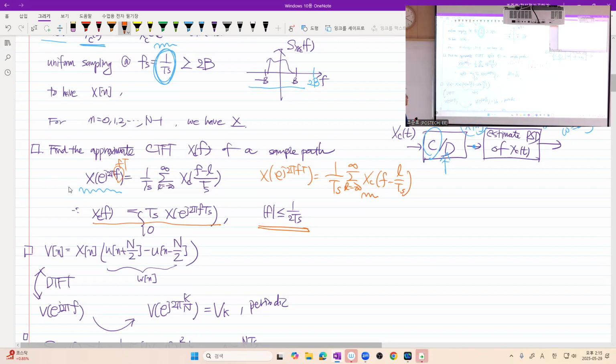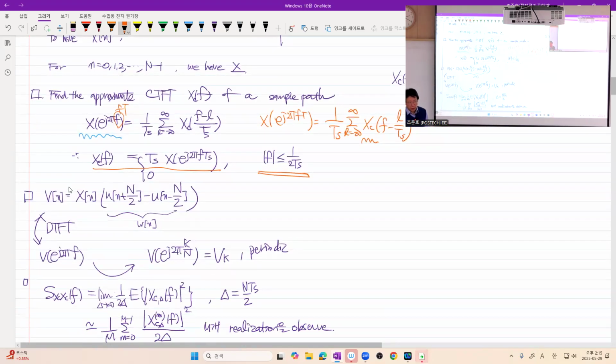Got it? Now, we've just seen in the last class meeting that suppose our already sampled discrete time signal is multiplied by a rectangular window of length, this is 2N, probably something like this. Anyway, if this signal, this is again a discrete time signal, is discrete time Fourier transformed, then we have what?